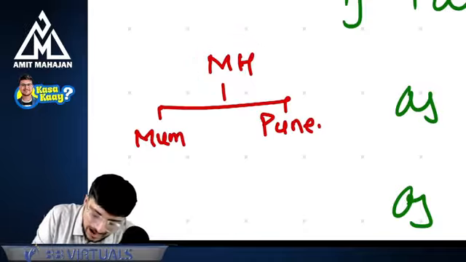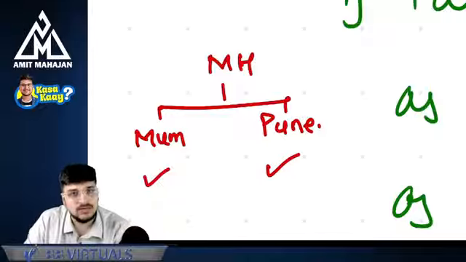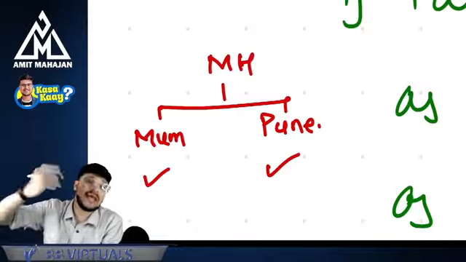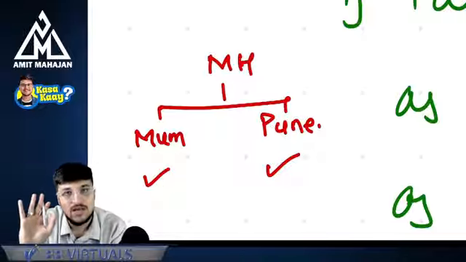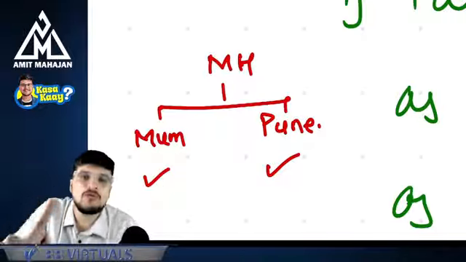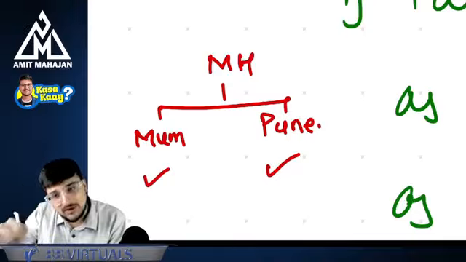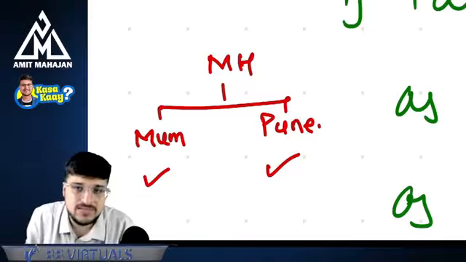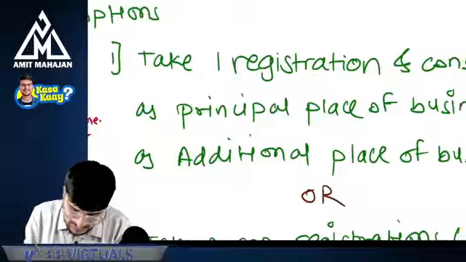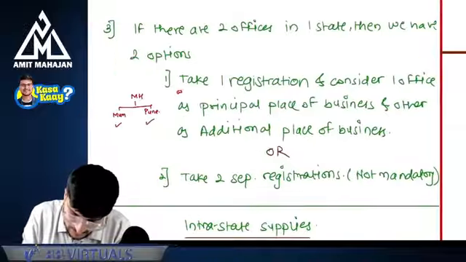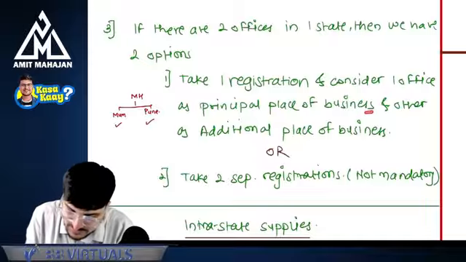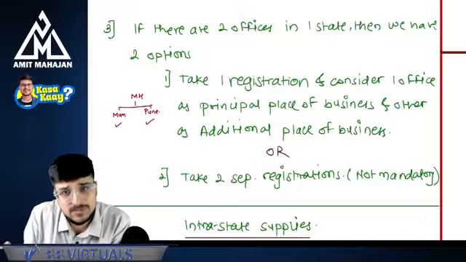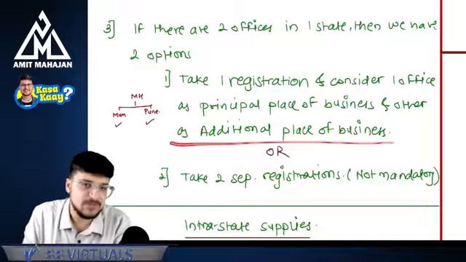Option number one, I can take separate registrations for these two, but I'm not obliged. I'm not under obligation to take two separate registrations. For one state, I'm required to take only one registration. But if I want to take two separate registrations, I can. See, take one registration and consider one office as the principal place of business and the other as the additional place of business.